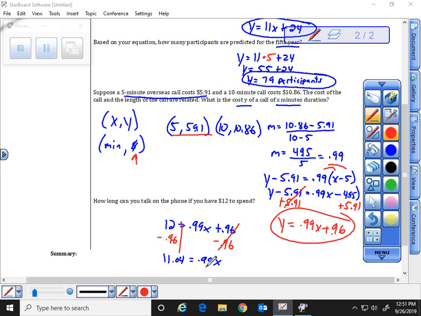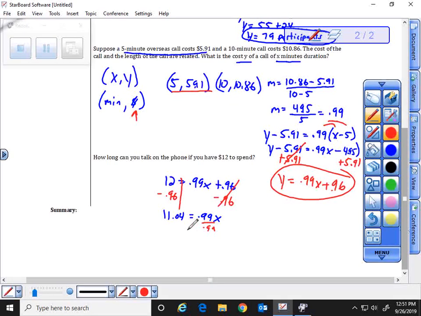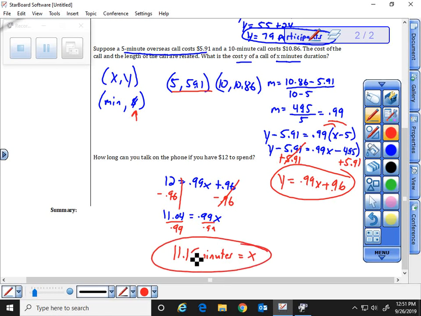And then divide by 0.99. And it looks like it'll be 11.15 minutes. There you go.